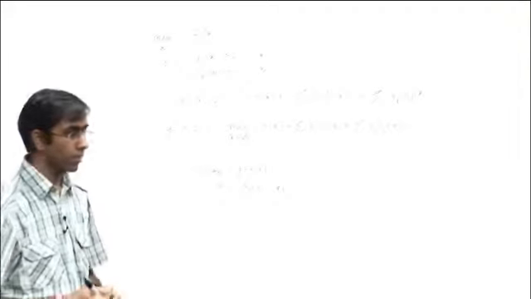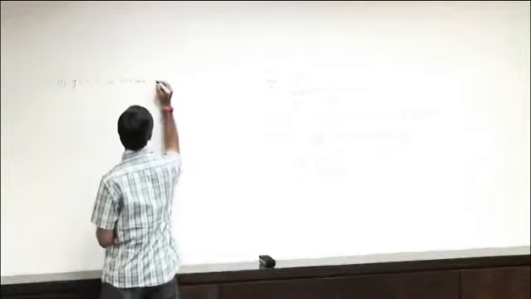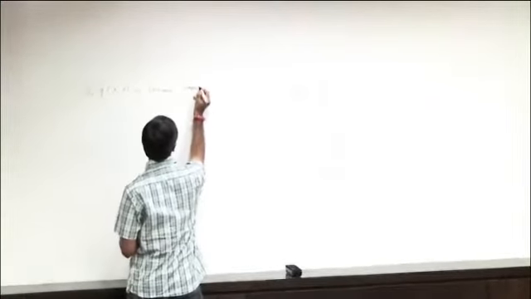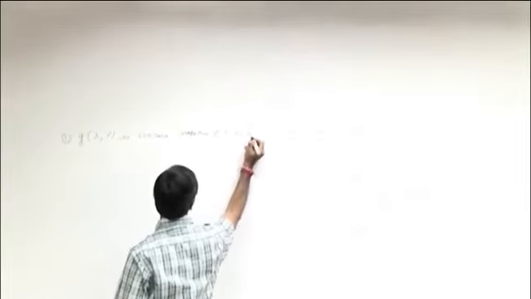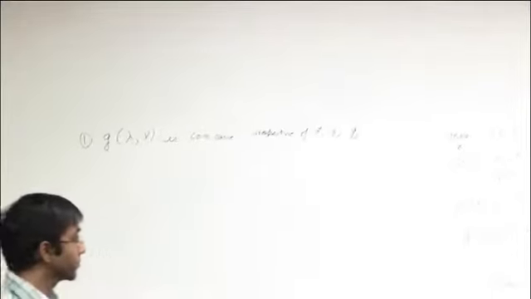Okay, so let's look into those two properties a little bit more closely. So first we said that g(lambda, nu) is concave irrespective of f, f_i and h_j, right?